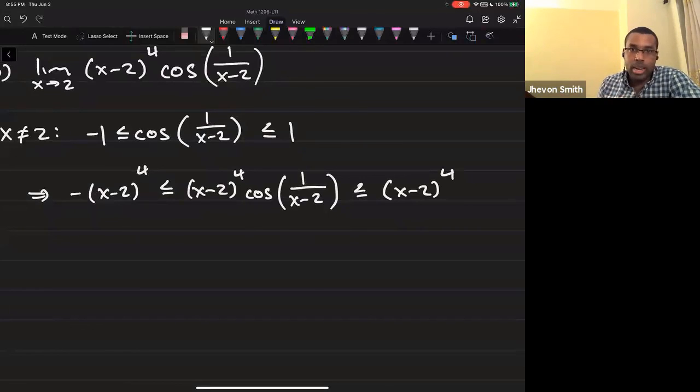I can multiply all sides by x minus 2 to the 4th. Then if I hit it with a limit, it's going to maintain the inequality.